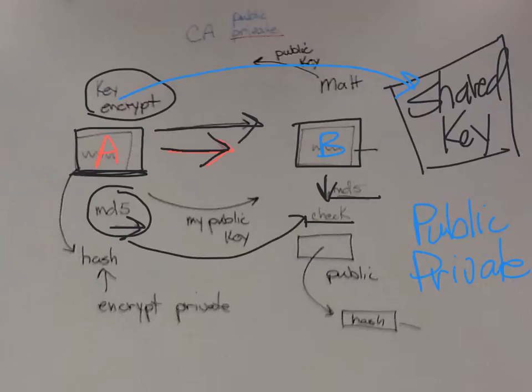I could take the message and we could send over the public key, encrypt the message using the public key. Now I have Matt here, but it'd be the public key from B. Then send the message over, and then they can decrypt it with their private key. So the message gets over here, and then decrypt it with a private key.